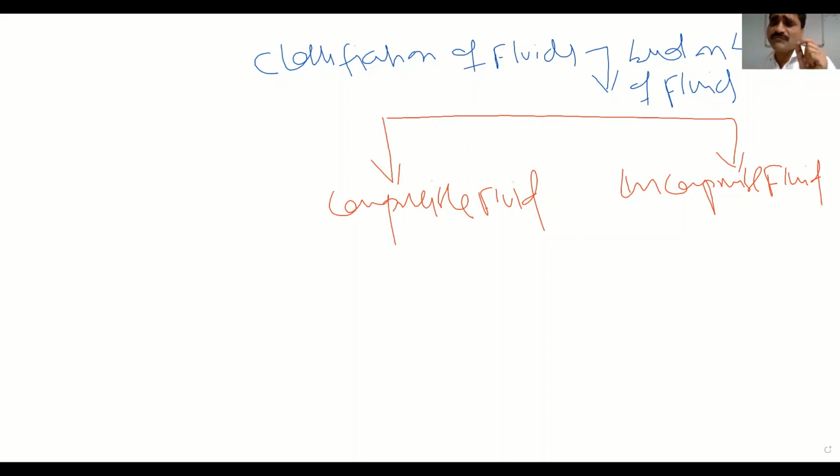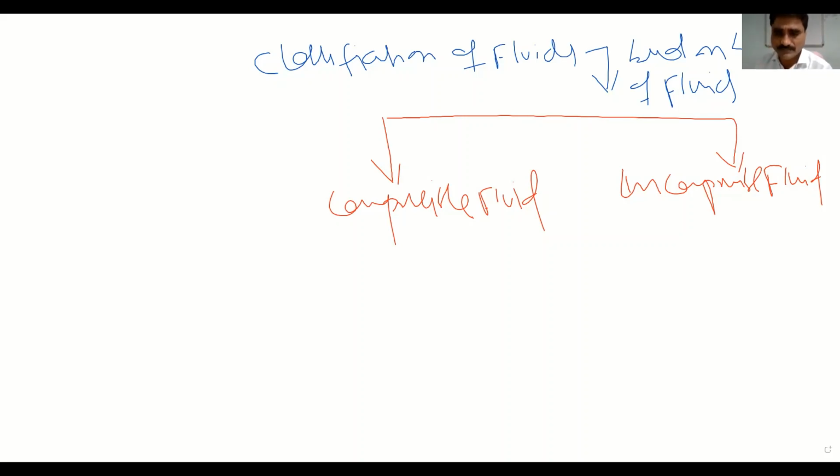Incompressible fluid: which fluid density is insensitive with respect to moderate change of temperature and pressure, that fluid is called incompressible fluid. Once again, I will repeat, and then I will ask you to reiterate. Compressible fluid means which fluid density is sensitive with respect to a moderate change of temperature and pressure. Incompressible fluid: which fluid density is insensitive with respect to a moderate change of temperature and pressure.